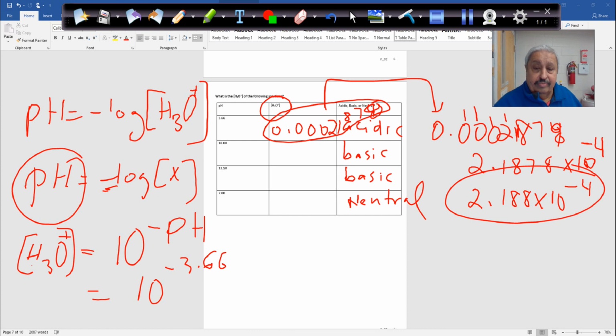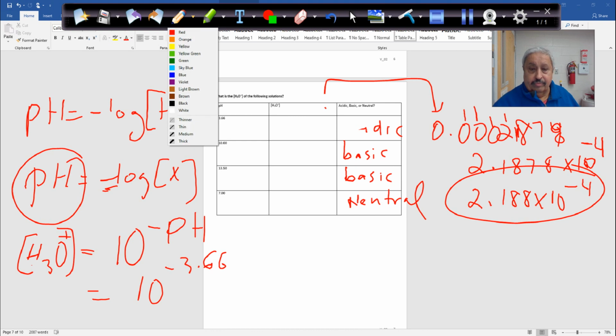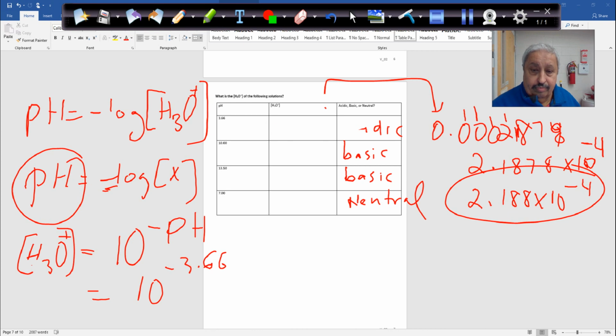So we take this one and put the value here: 2.188 times 10 to the minus 4. How about the second one? The second one is easy, correct? 10 to the minus the pH.